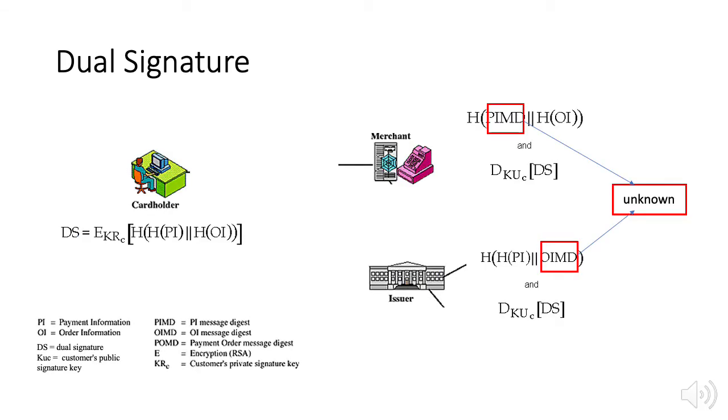The dual signature can be verified on the merchant side without knowing the payment information, and on the bank side, the dual signature can be verified without knowing the order information.